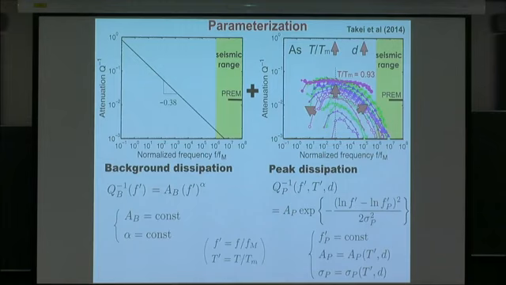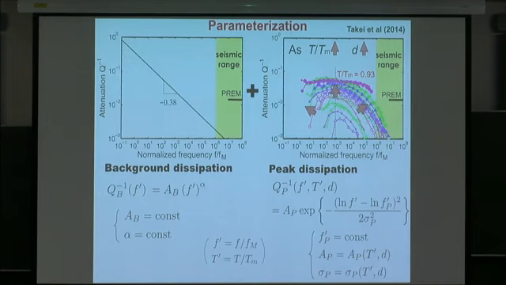And background is a power law of f dash with constant amplitude and constant exponent. And the peak is a Gaussian with constant peak frequency and variable peak amplitude and variable peak width.